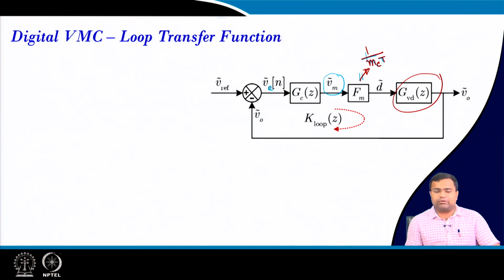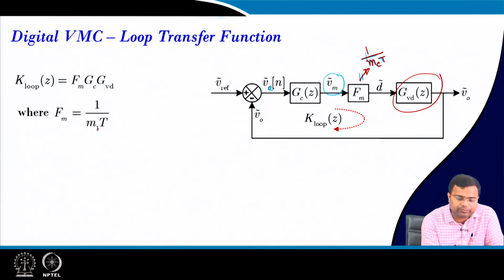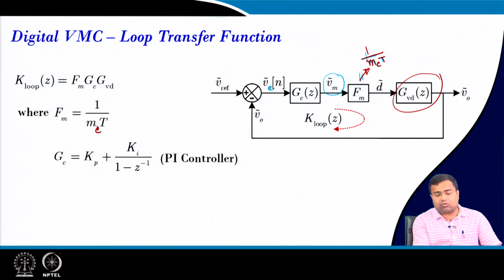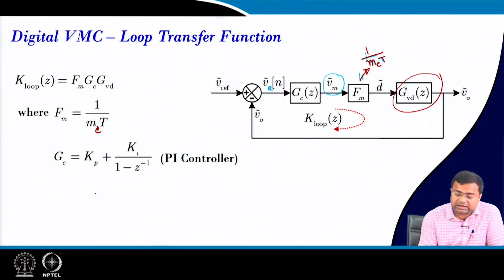So, if you take the voltage loop transfer function, that means, we have this loop which will be the product of all, then the modulator gain we know should be MC, where MC is the compensating ramp, that means sawtooth waveform slope, and for the controller we have taken a PI controller, but typically for voltage mode control we consider a PID controller.